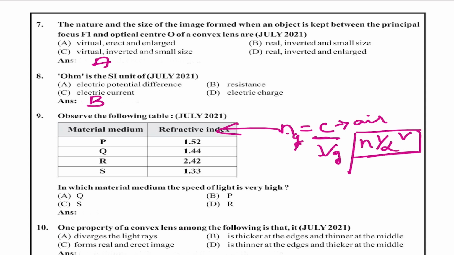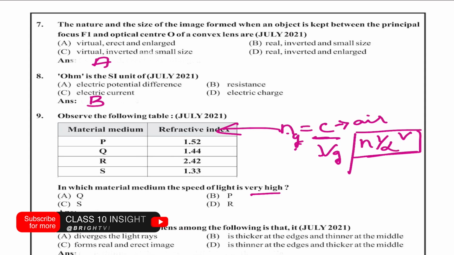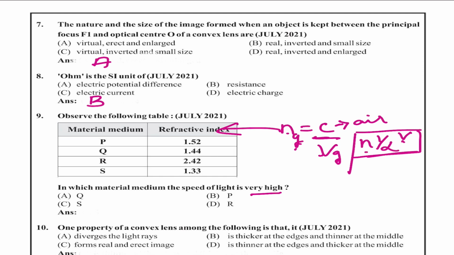We are supposed to find which medium has got the highest speed. Means if the velocity has to be the highest, refractive index has to be least because they are inversely proportional.